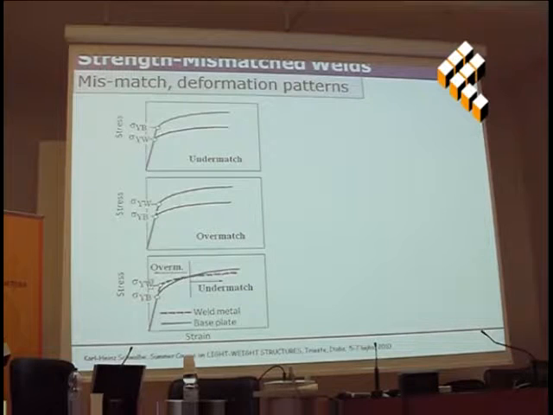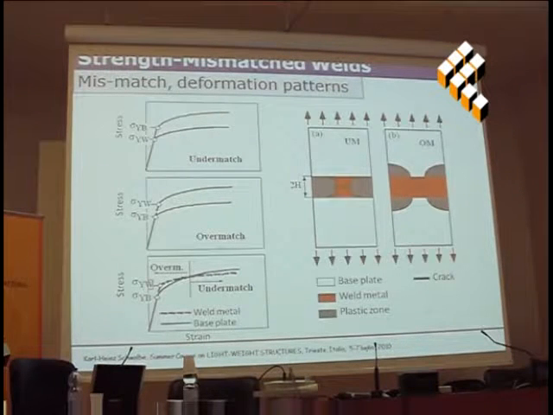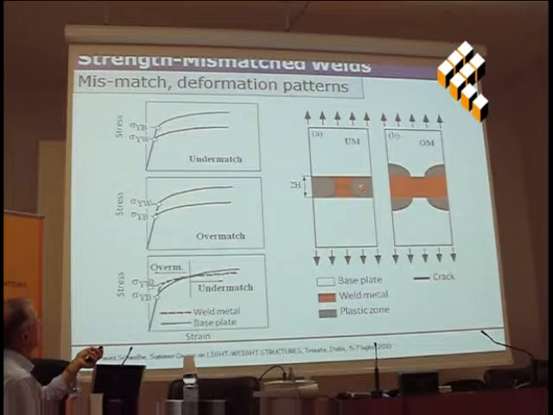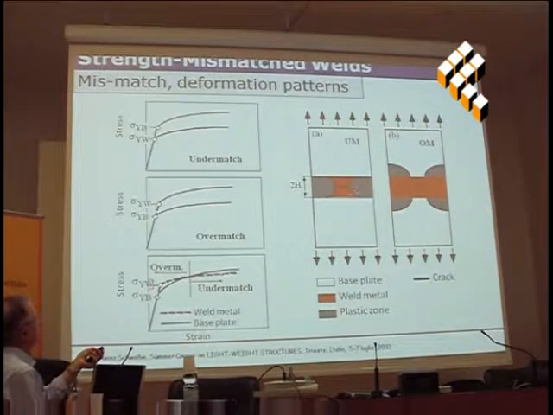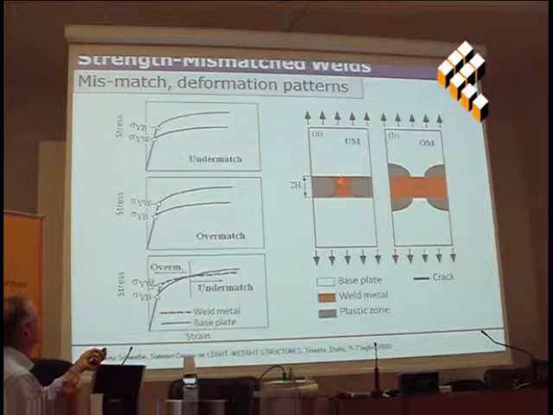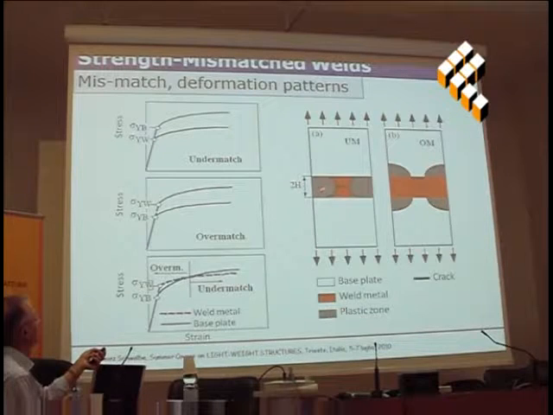And the right-hand side is a bit confusing, I have to admit. Undermatch here: the red one just means the weld metal. And the brown color here means the plastic zone, which is confined to the weld.